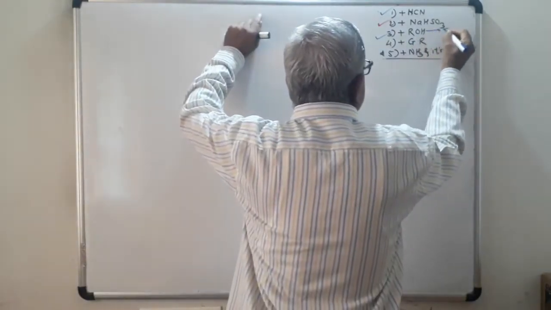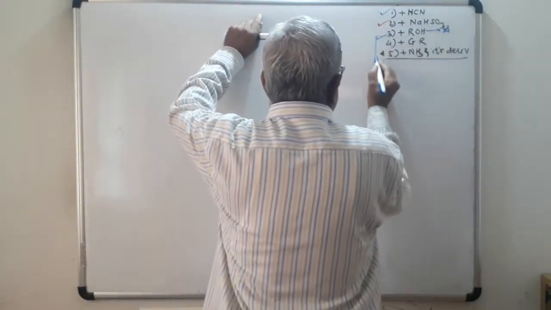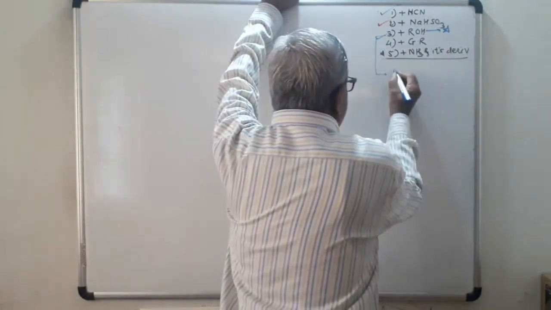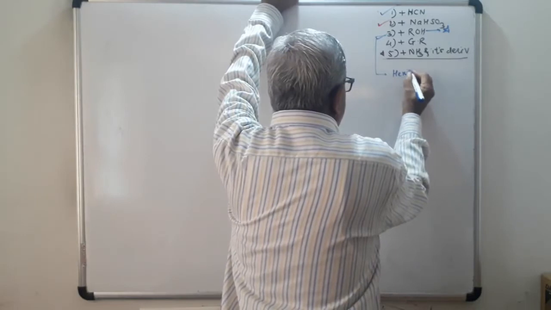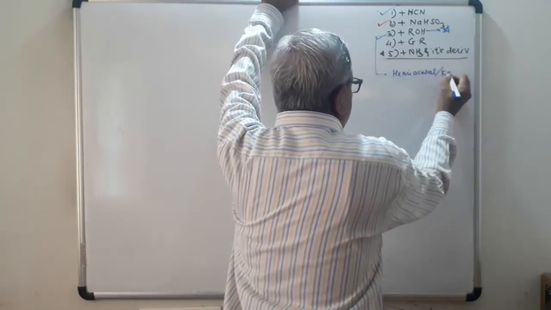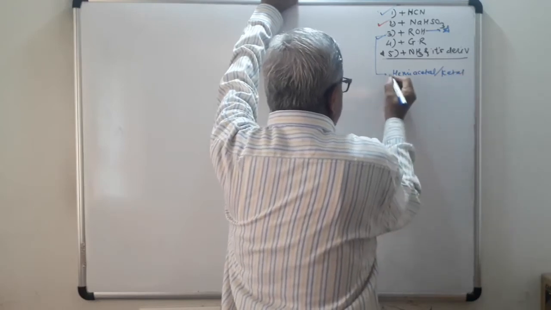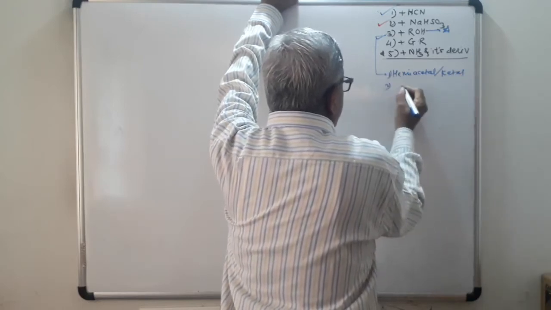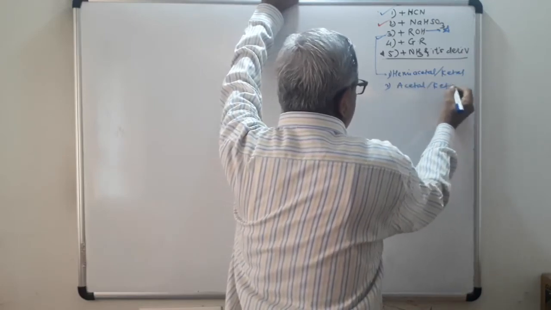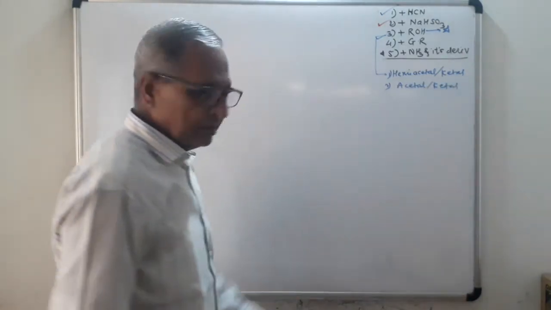This reaction is very important because on this reaction two questions will be set. First is what is hemiacetal and hemiketal. Second question will be set on the point what is acetal and ketal. So we should know this one.